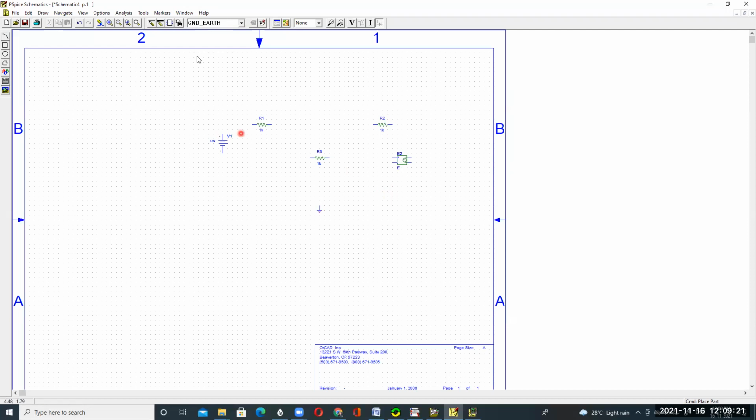So connect all these elements like this. Before connecting, rotate this with Control R, okay, and connect like this.